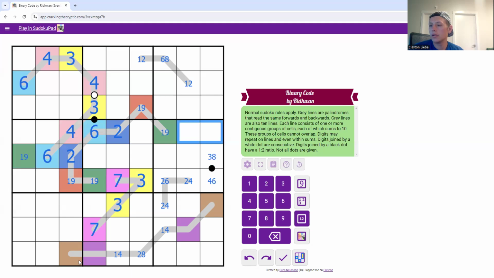What could this digit be? If this digit is the high digit or the low digit of the pair, it's only 1 or 2. 1 or 2 would make this 9 or 8. Both of those are fine. So this, for now, has the capability to be 1, 2, 9, 8.